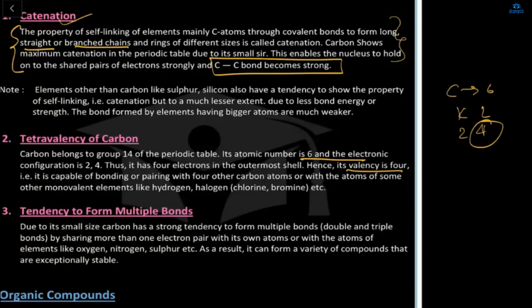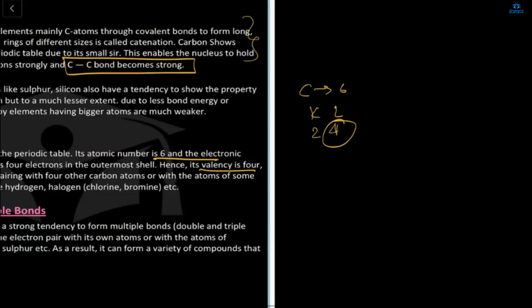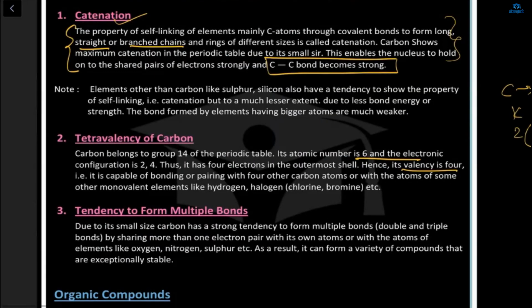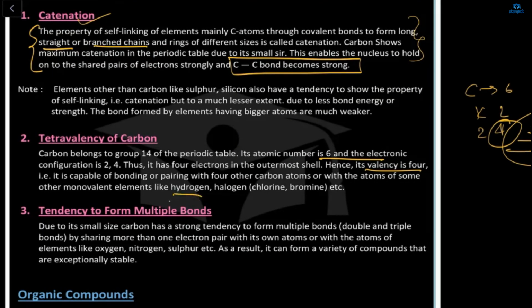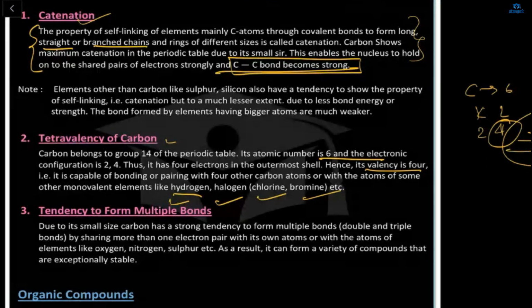That is, it is capable of bonding with 4 other atoms, like hydrogen, or halogens such as chlorine and bromine. So catenation means carbon combining with carbon to make a strong bond. Tetravalency of carbon means carbon combining with other atoms to complete its octet. It has only 4 electrons, so it needs 4 more to complete its octet.